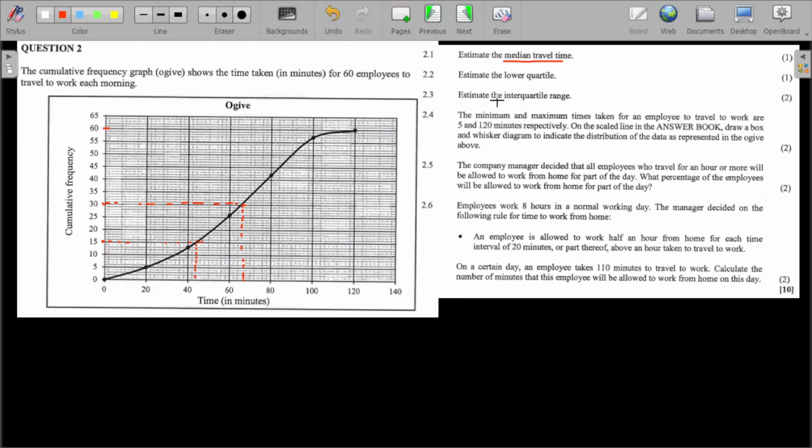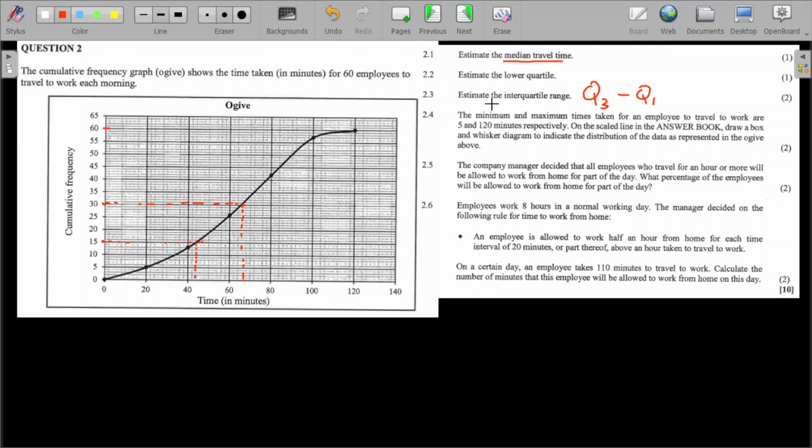And again, they're saying we must estimate the interquartile range. How do we get that? The interquartile range is Q3 minus Q1, meaning the upper quartile minus the lower quartile.